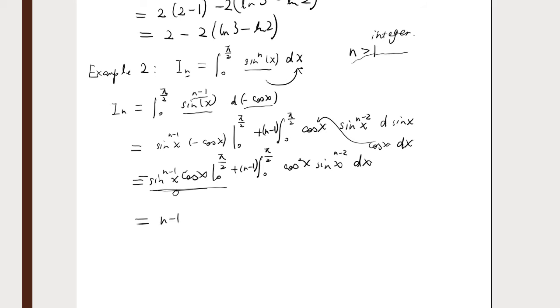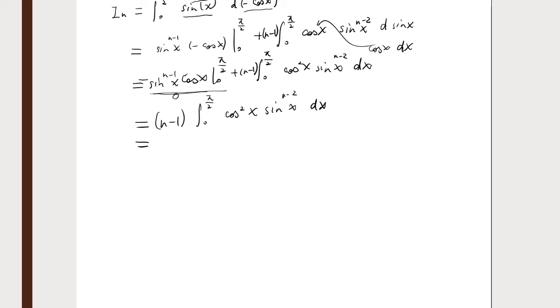Okay, so we have n minus 1 here, and the integration range from 0 to half pi, of cosine x squared times the sine x to the power of n minus 2. Alright, so we want to further simplify the terms here. We want to make everything look the same. So cosine x squared will be converted easily to 1 minus sine x squared. Okay, so sine x to the power of n minus 2, sorry about that.